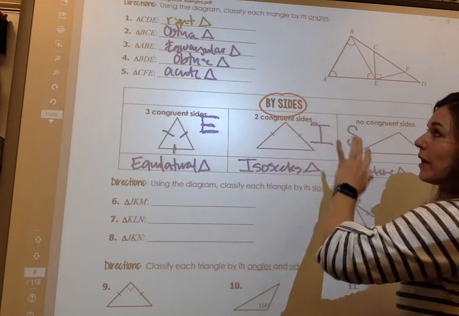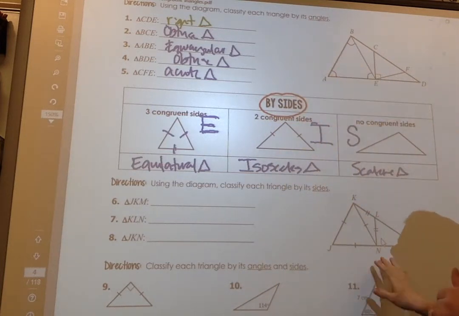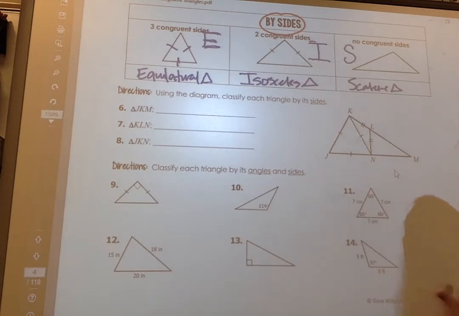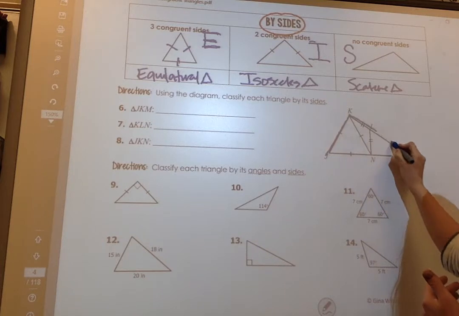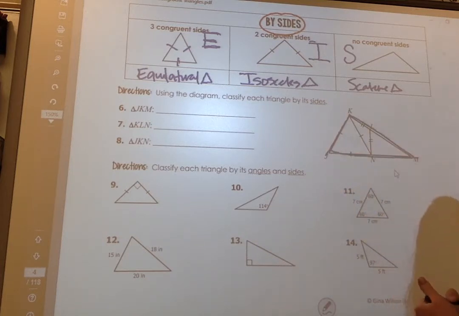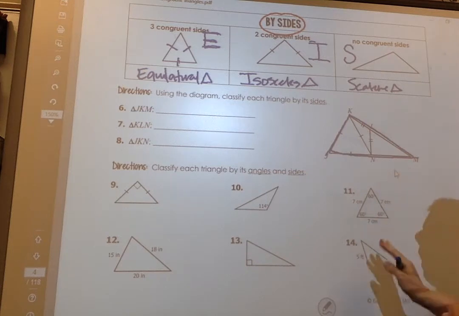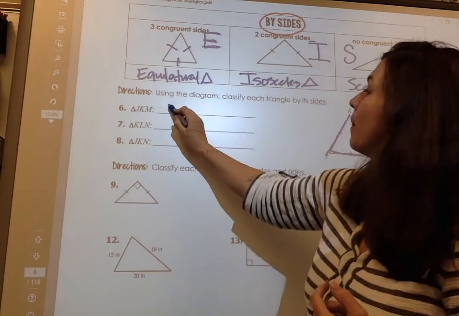So that's when we classify them by their sides, and now we already looked above about how we classify them by their angles. So when you look at these pictures on number 6, if you look at JKM, no sides are the same. So right away, I know that it's a scalene triangle.